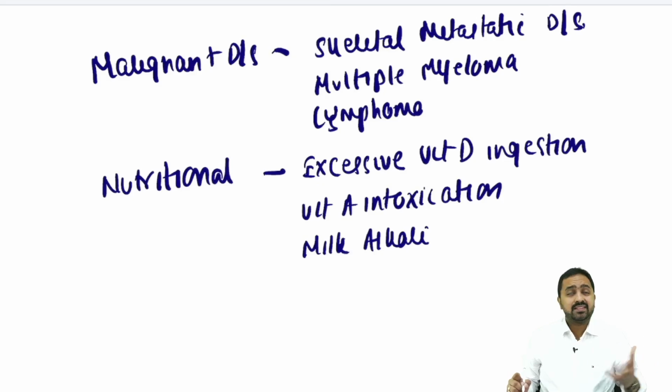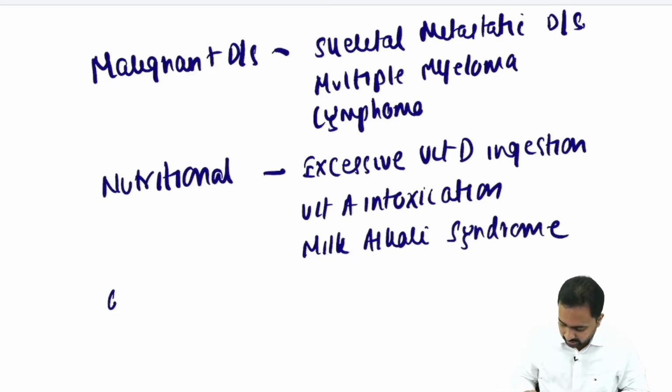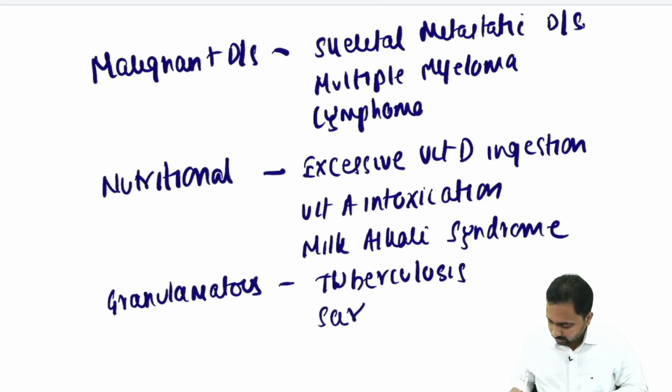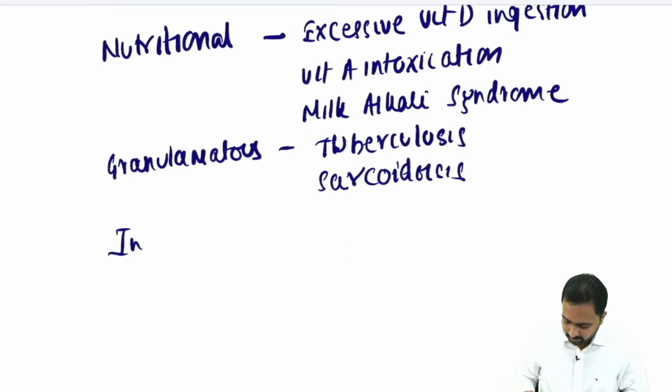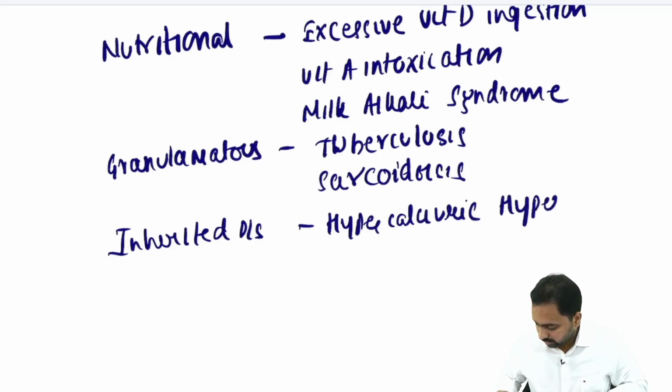From this list you might get some questions of which of the following is a cause of hypercalcemia, or which of the following is not a cause of hypercalcemia. Then you have granulomatous diseases, which are tuberculosis, sarcoidosis. Then it could be some inherited disease like hypercalciuric hypercalcemia.